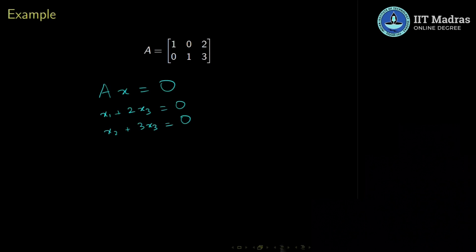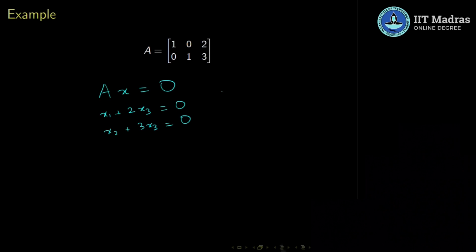Now typically we try to manipulate around and find values for x1, x2, x3. If you look at this, there is not really much we can do to manipulate this, and the reason is that we can have many solutions. So how do we find solutions?